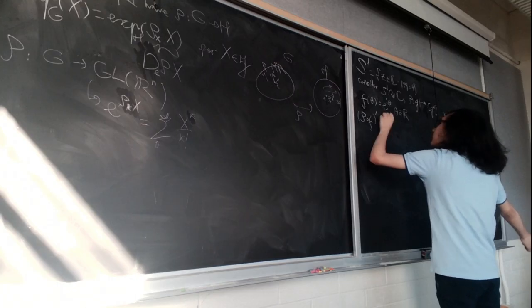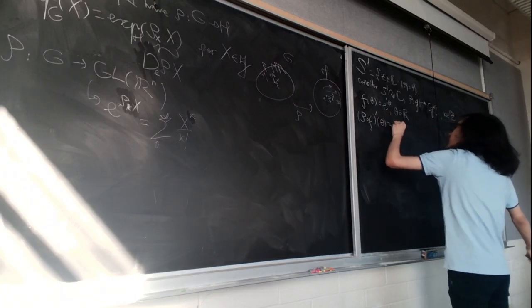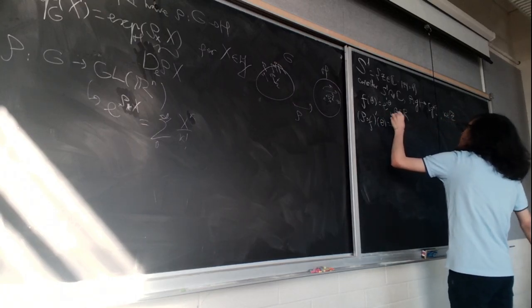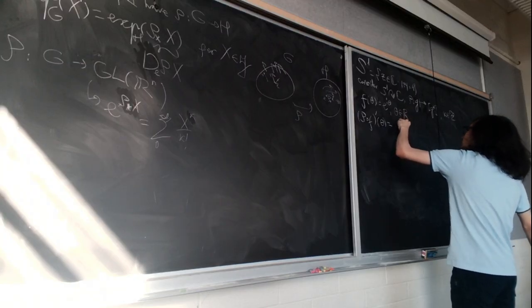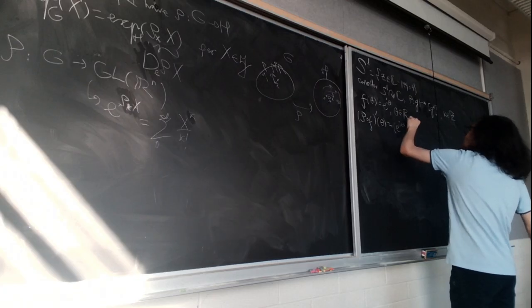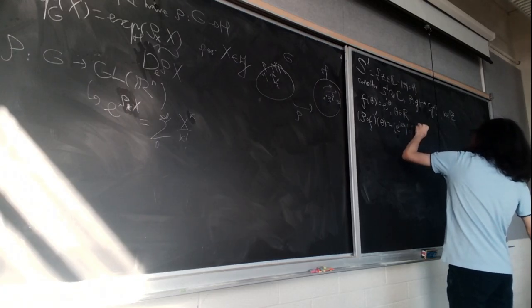Anyway, you take the derivative, in this case, the derivative of e^{ik theta}, which is ik.